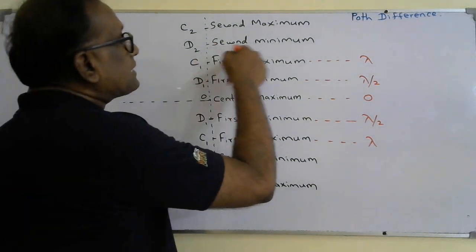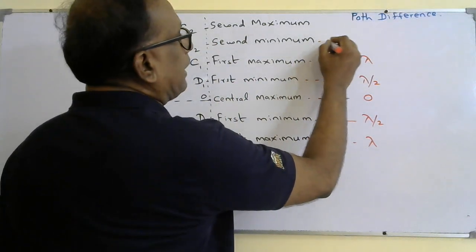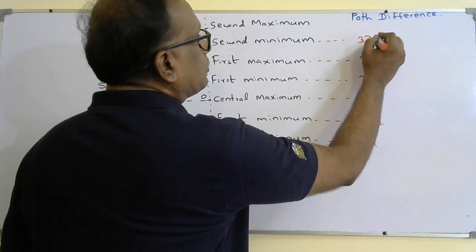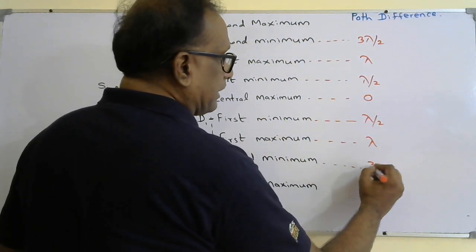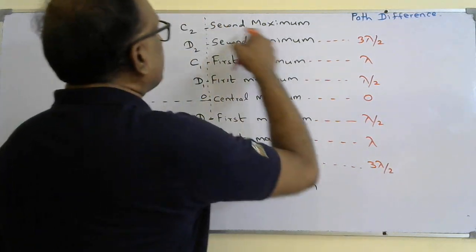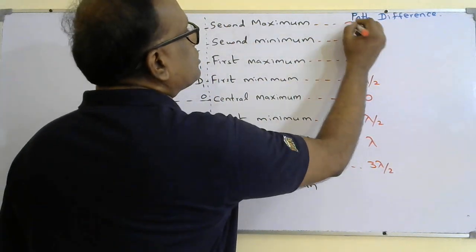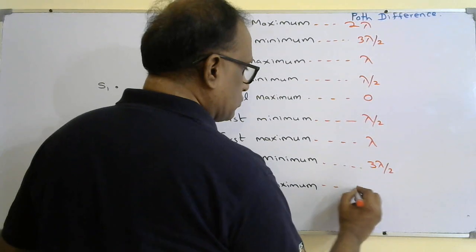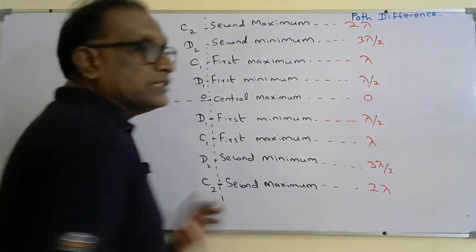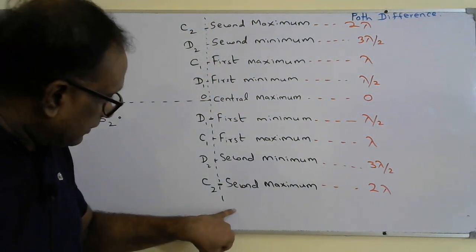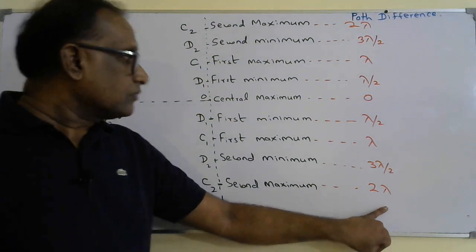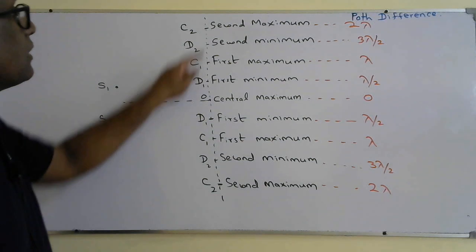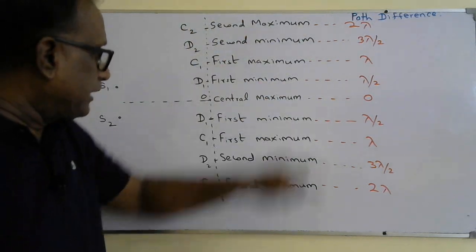The next thing is the second minimum. Second minimum means path difference 3 lambda by 2. This is 3 lambda by 2 here, second minimum. Then the second maximum, path difference 2 lambda. Next is the third minimum, 5 lambda by 2. Here also third minimum 5 lambda by 2.